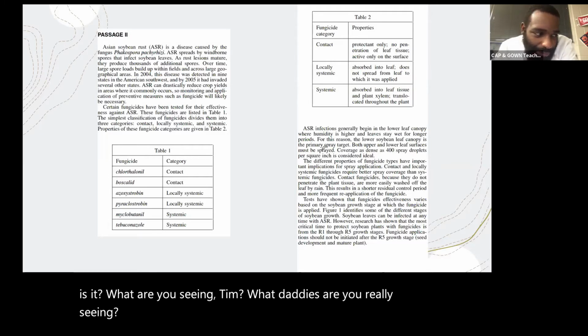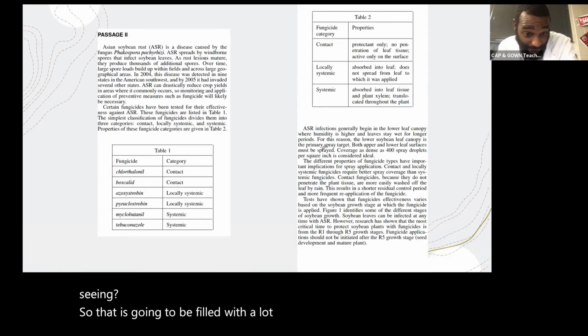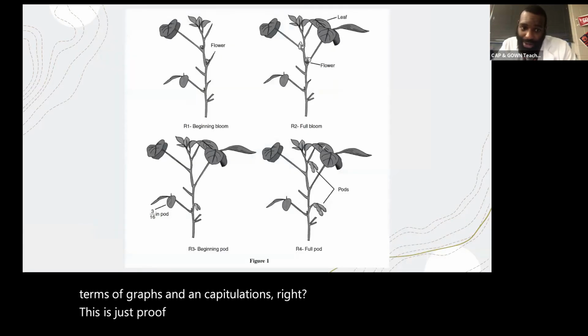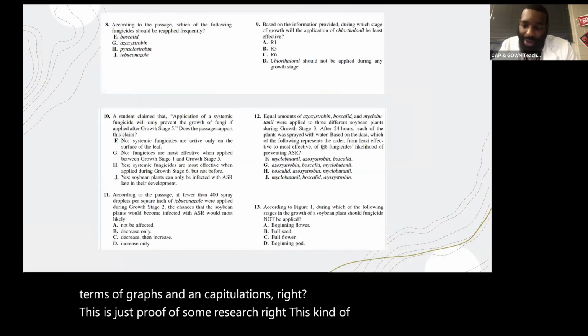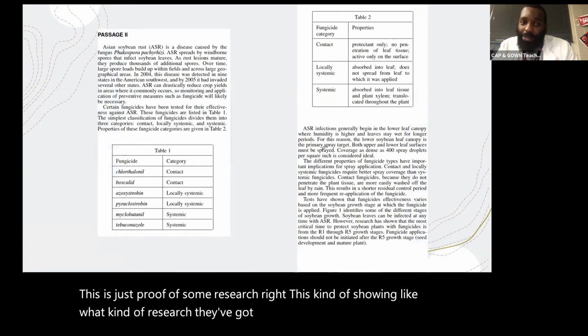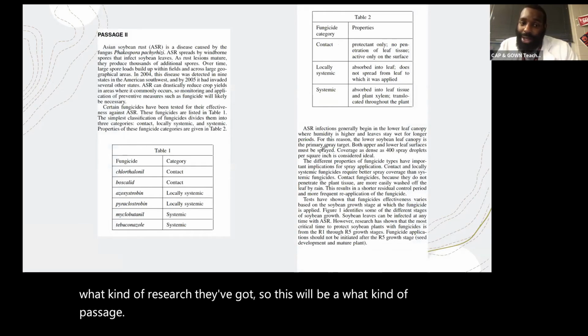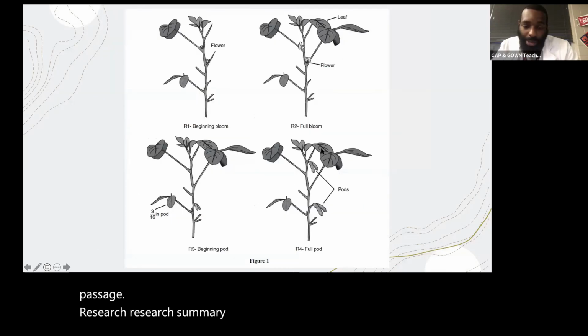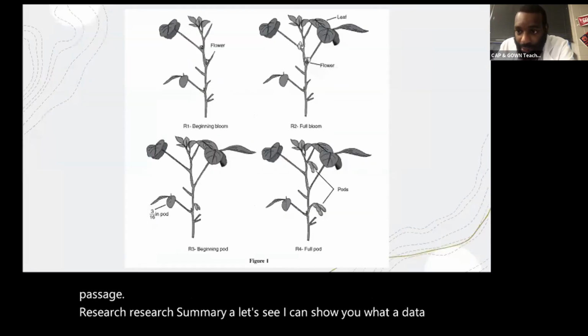Data representation is going to be filled with a lot of graphs and tables, right? This is just proof of some research, showing what kind of research they've got. So this would be what kind of passage? A research summary.